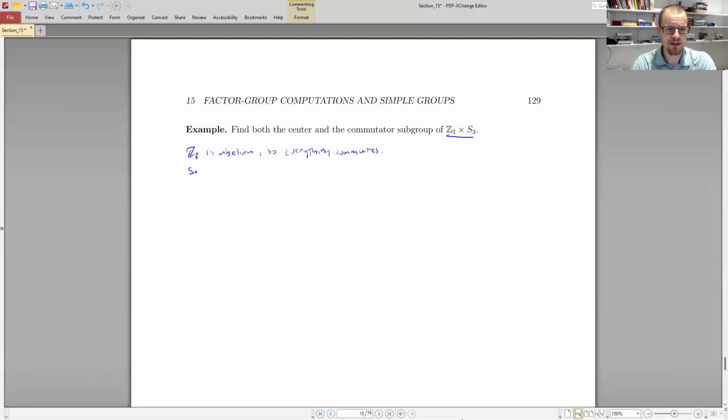S3, on the other hand, the set of all permutations of the numbers 1, 2, 3, has only the element rho naught that commutes with everything. That, of course, is the identity in S3. So that is the only element that commutes with everything.